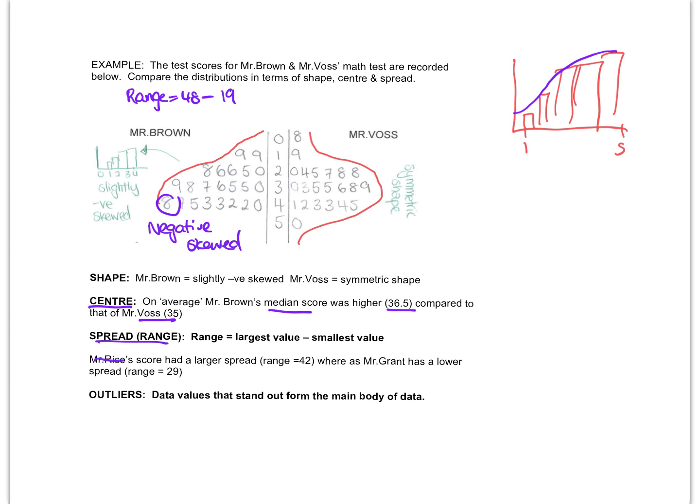Just cross that out. So his range was, what was it? 29. Good. And Mr. Voss's range was, what's the largest? 50. Smallest? 8. So he had 42. Okay? We'll do a little bit more of that, but just so you could see.